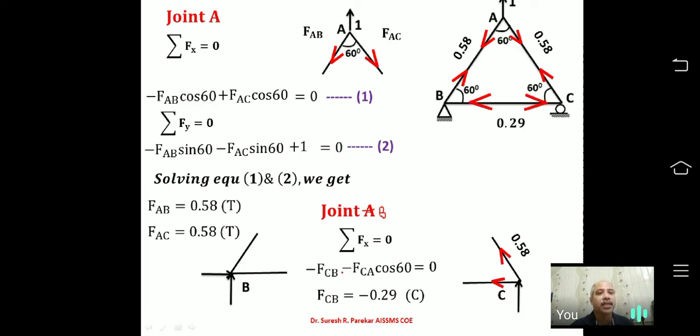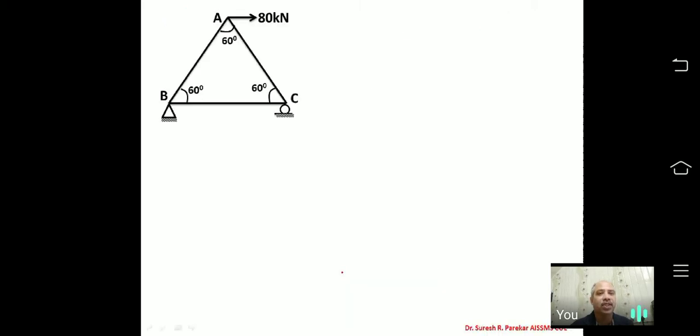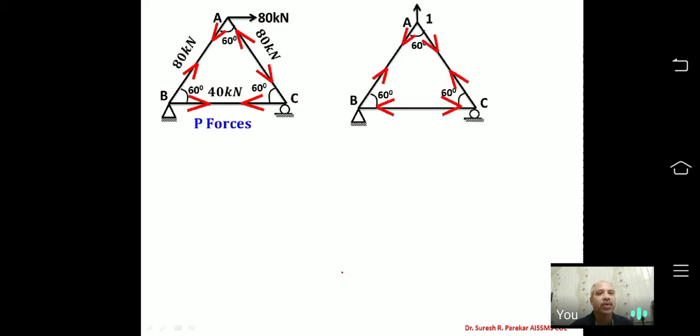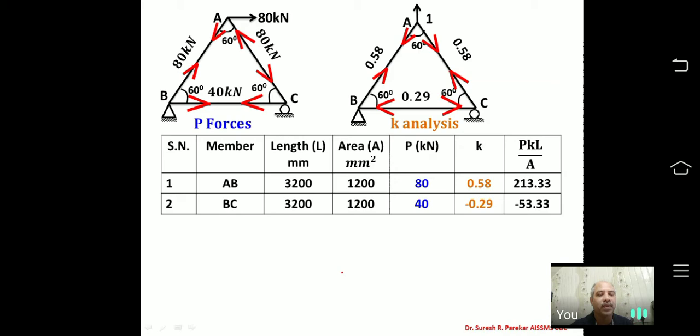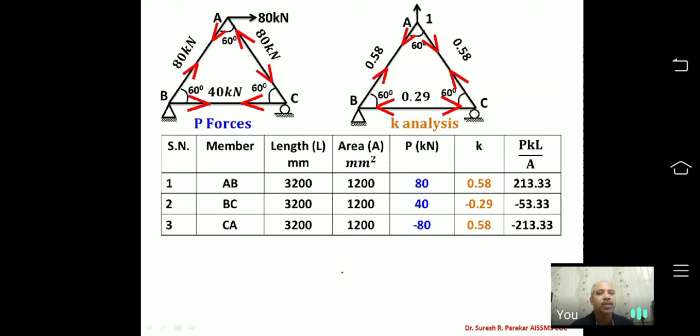So knowing these values, which we have marked again in the main figure, we are interested in determining the deflection of the trusses. Knowing these P forces and these K forces, we are in a position to determine the deflection. Now you can see we have members, and we have just put the values of the forces in.